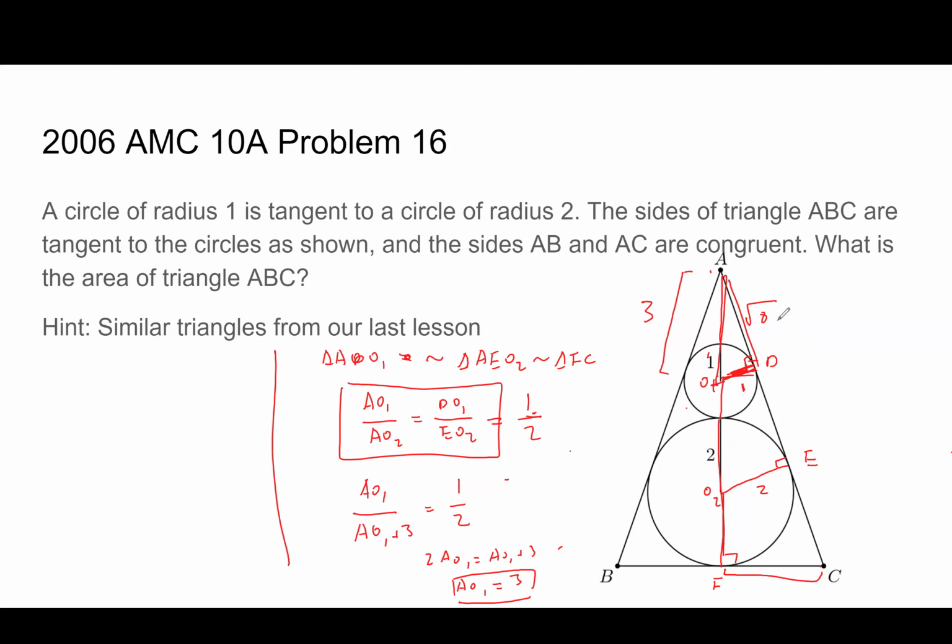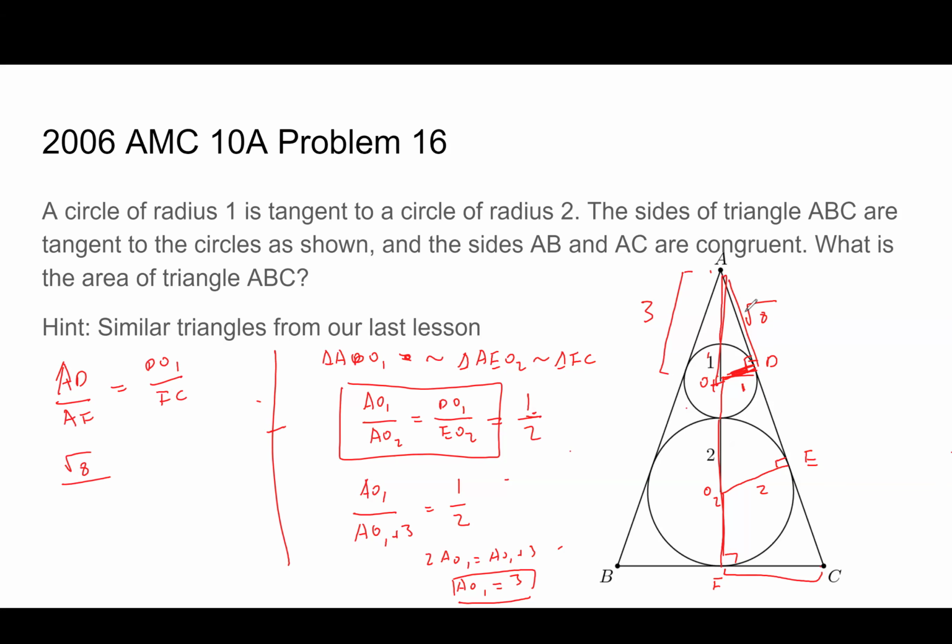So if we look at triangle ADO1 and AFC, what do we know? We know that AD to AF equals DO1 over FC, right? Because these two triangles are similar. So I can sub in my lengths here. What's AD? AD is just root 8, right? What's AF?